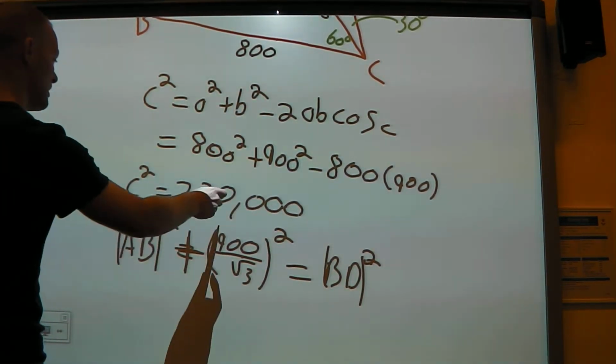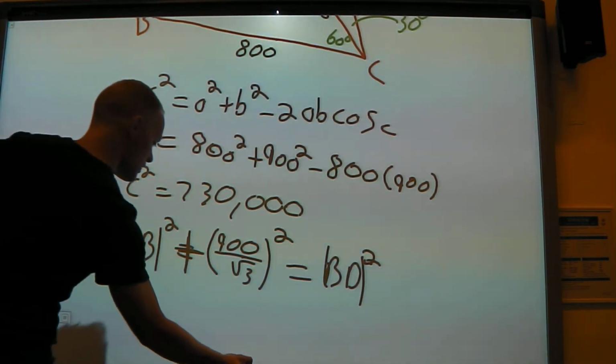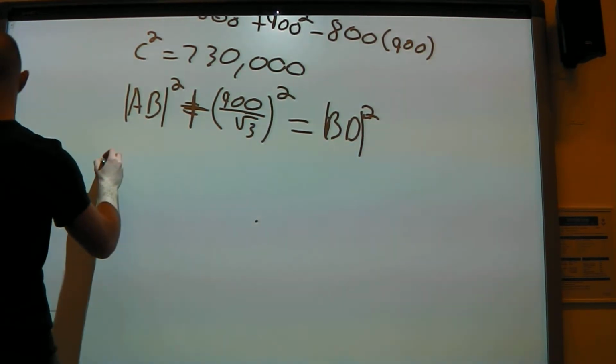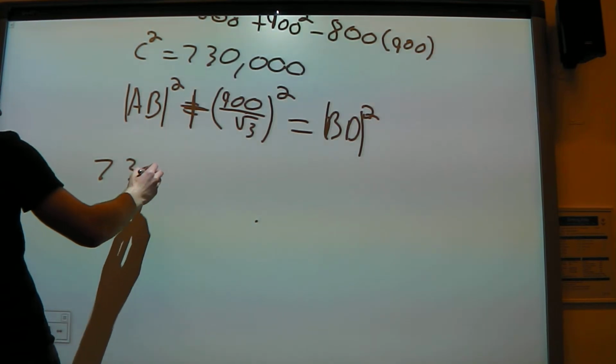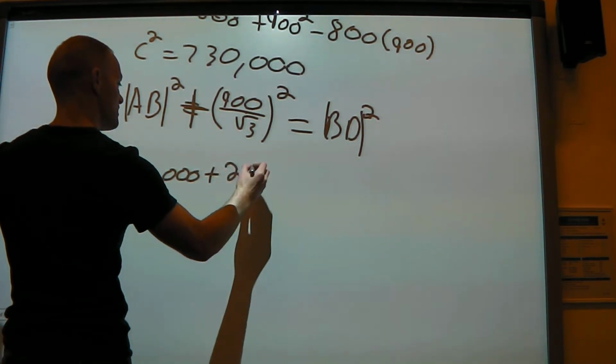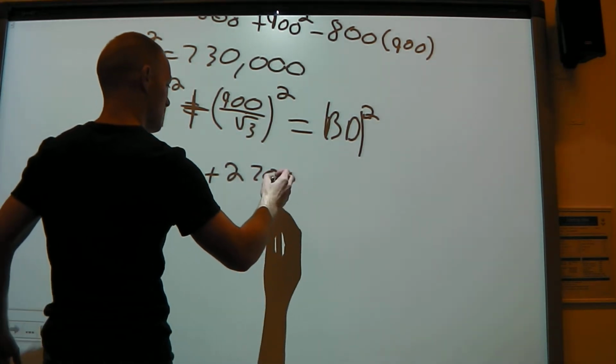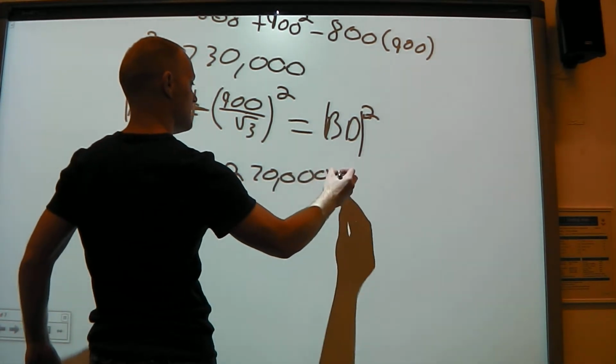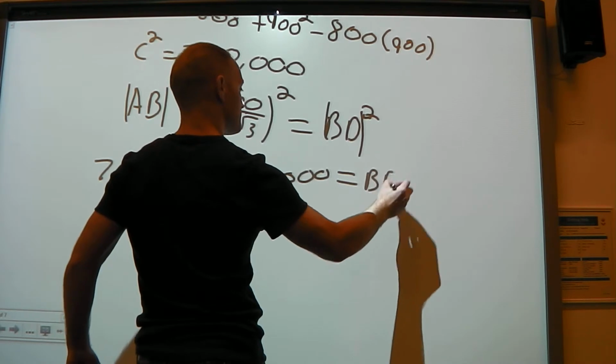So we have our AB squared is equal to 730,000, and that is 270,000.